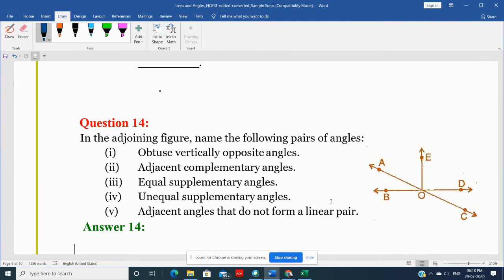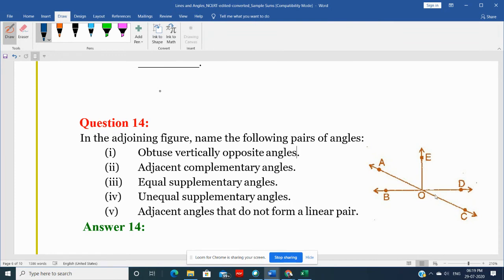All right, let's do this. See, in the adjoining figure, name the following pairs of angles: obtuse, vertically opposite angle. So even if they are vertically opposite angles, they need to be obtuse angles, meaning more than 90.